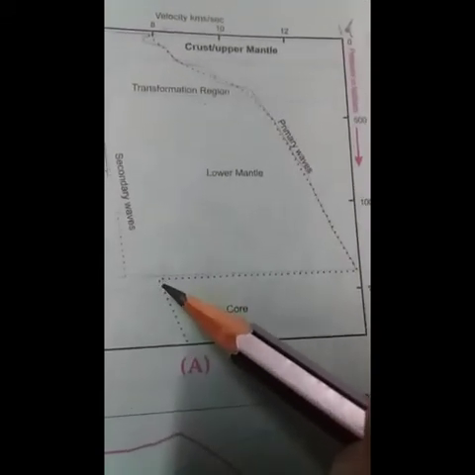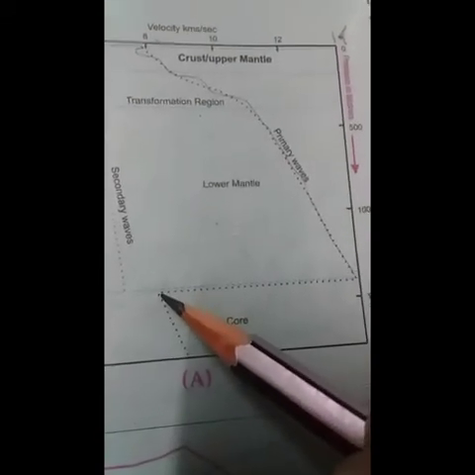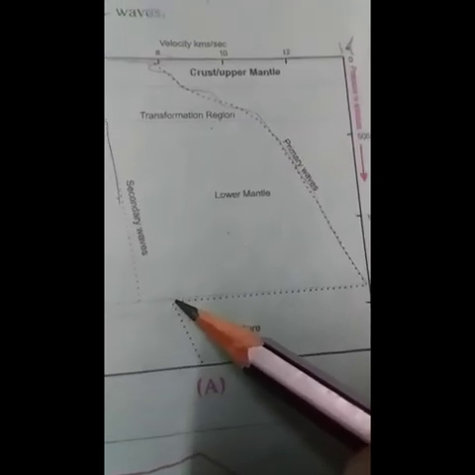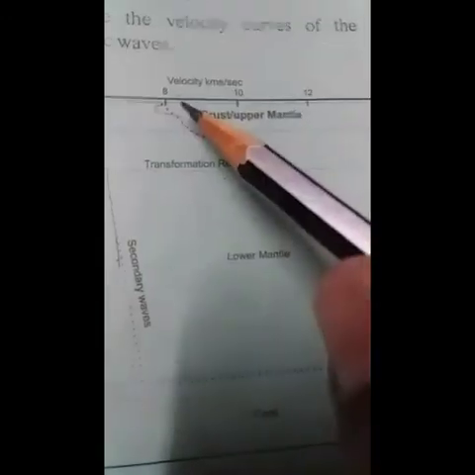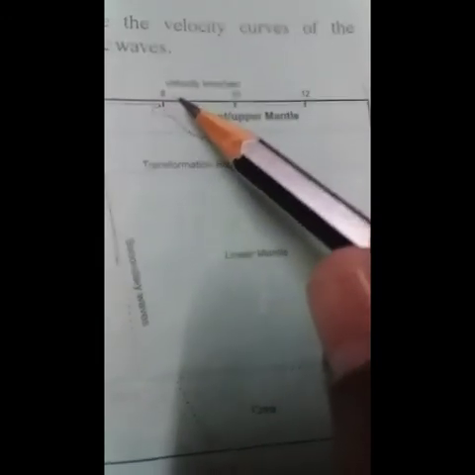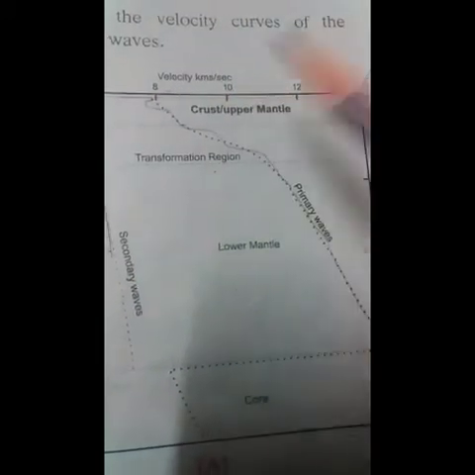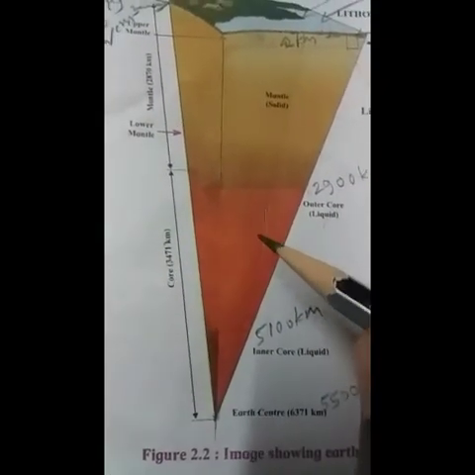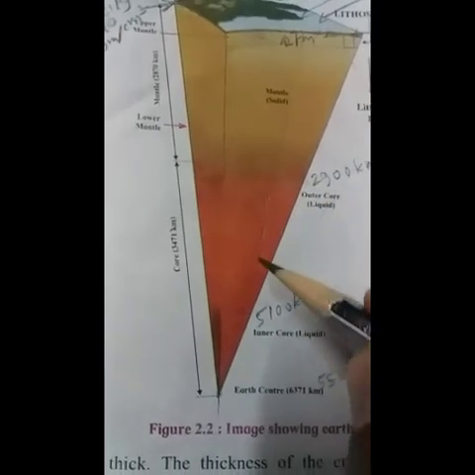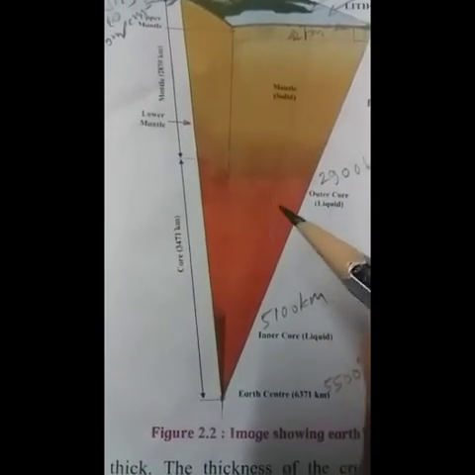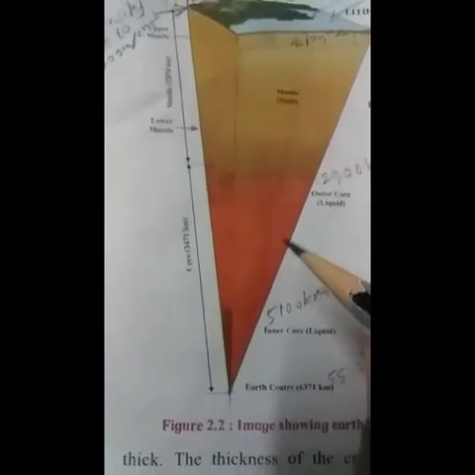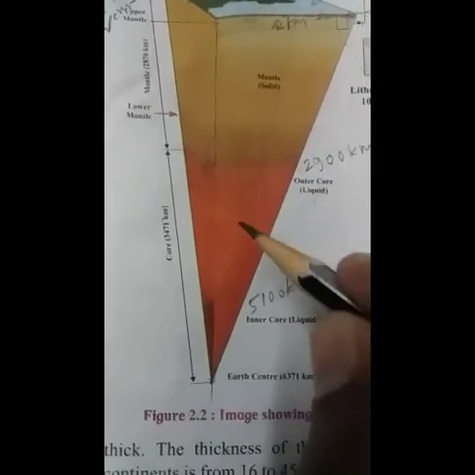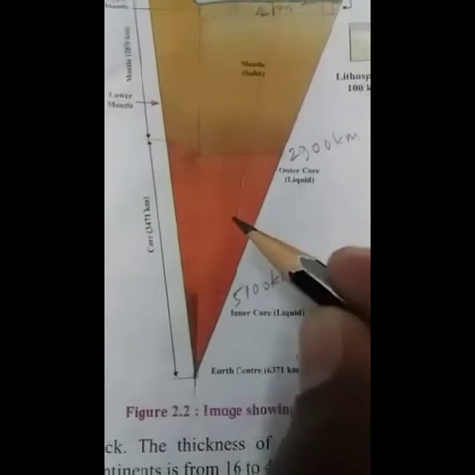Near this boundary, the velocity of primary waves shows approximately 8.25 kilometers per second. The density of the outer core is 9.8 gram per cubic centimeter. The temperature of the liquid outer core is around 5000 degrees Celsius.